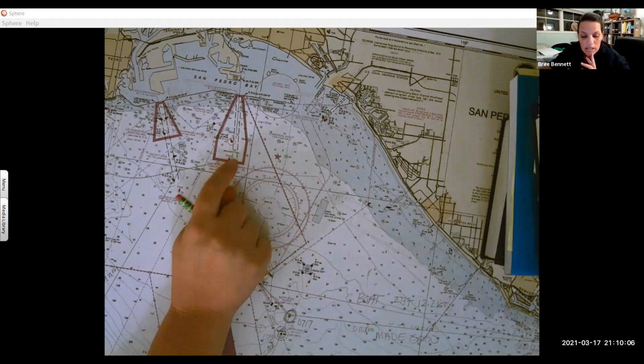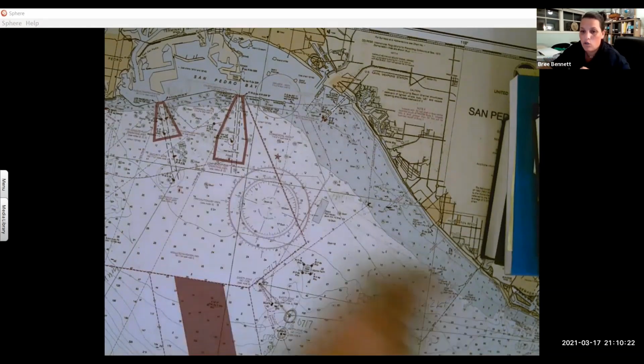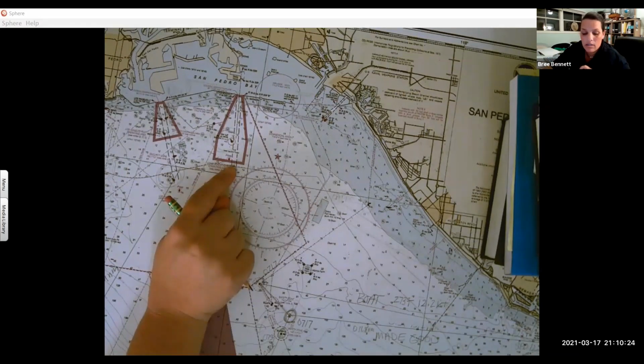What is our course to steer and what speed is needed to arrive at 1630? In this case, we are looking for what speed the boat has to do. So we're going to draw our triangle so we can all get started on that.